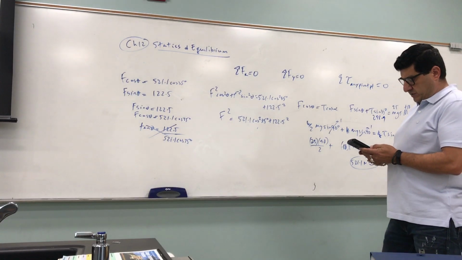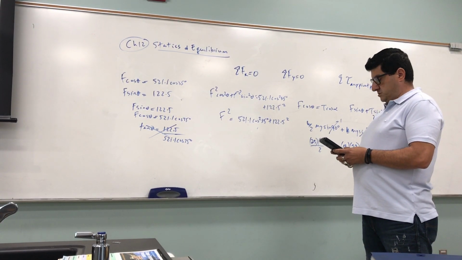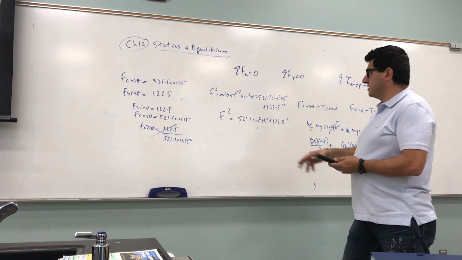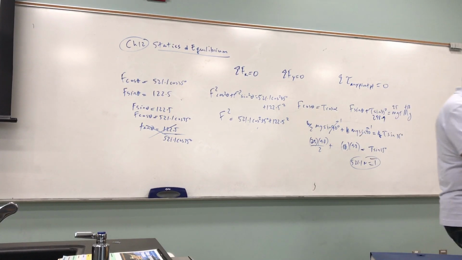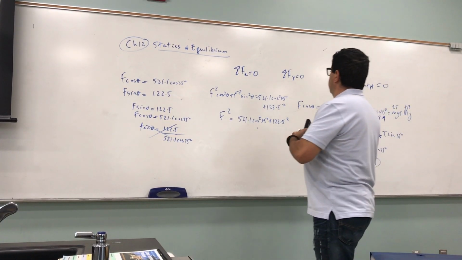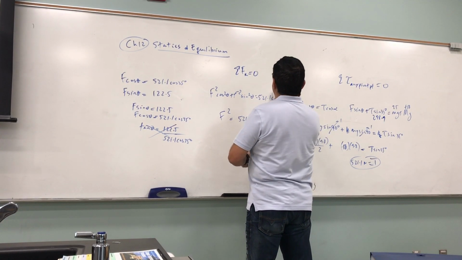So 521.1 squared. Oh, do I need to square this? Oh yeah, I need to square the 521 also, right? I need to square this guy also.